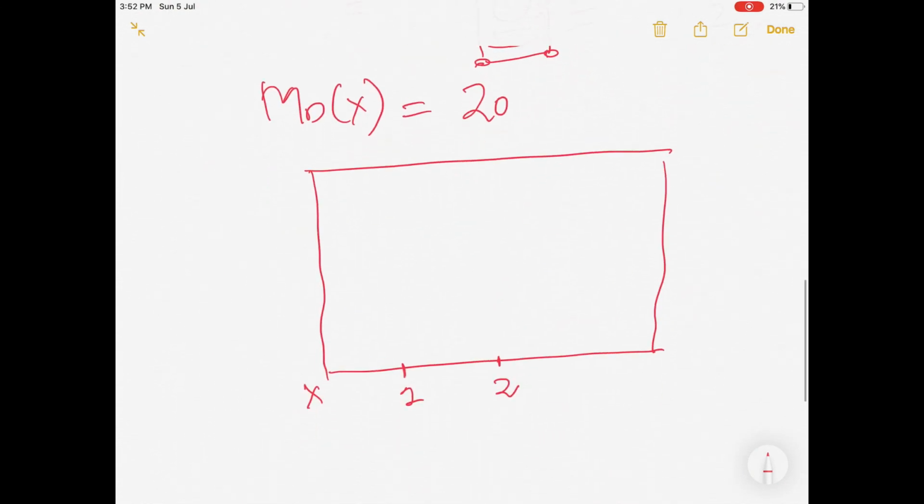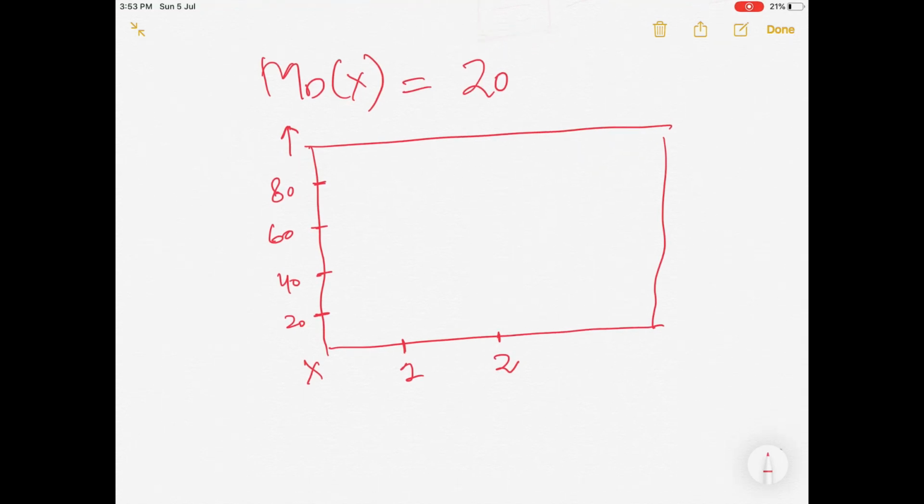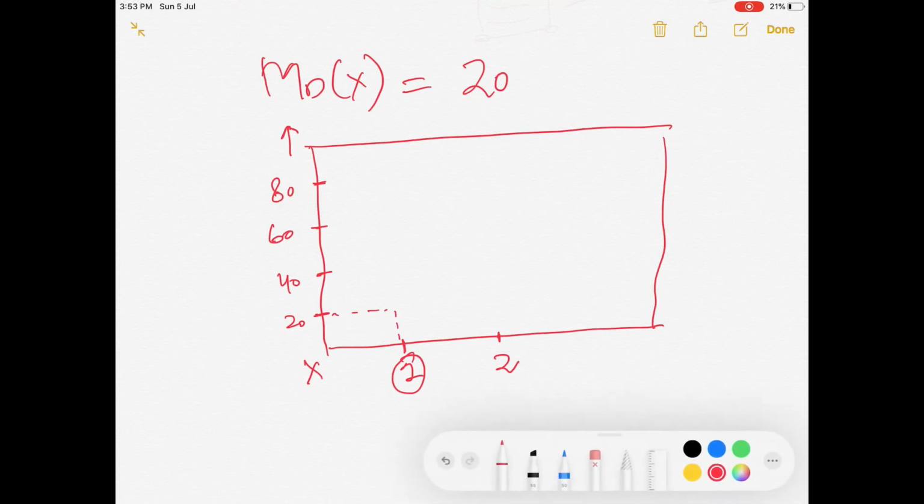On the y-axis we will have the range of the points, for example 20, 40, 60, 80, right? Now just draw the first point, which is 20. We have the first point somewhere here, and the second point is 60, somewhere here.